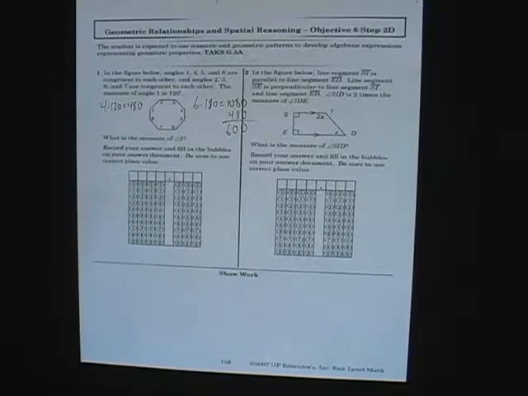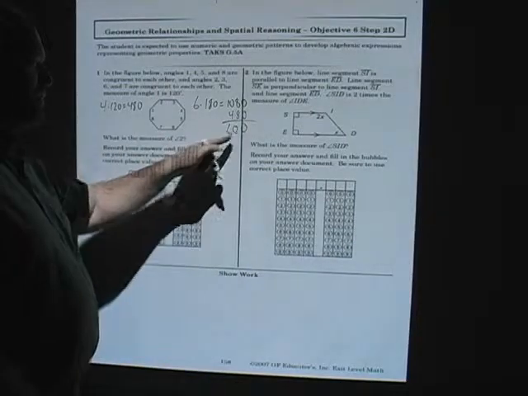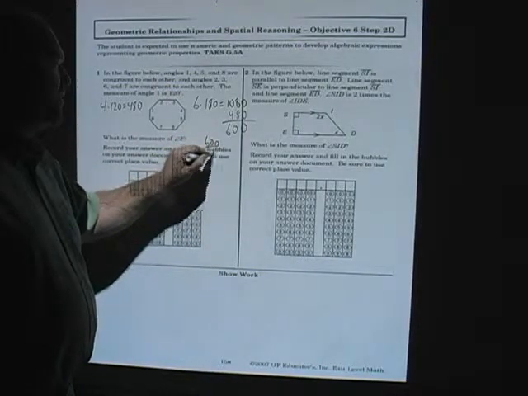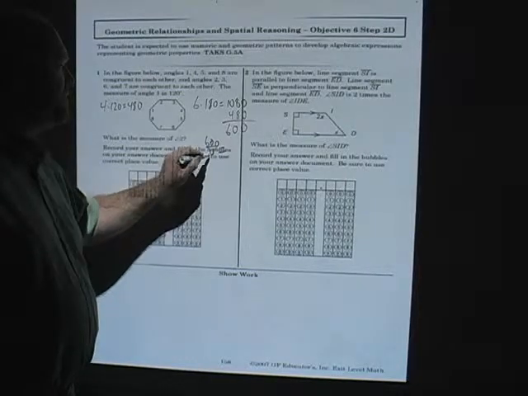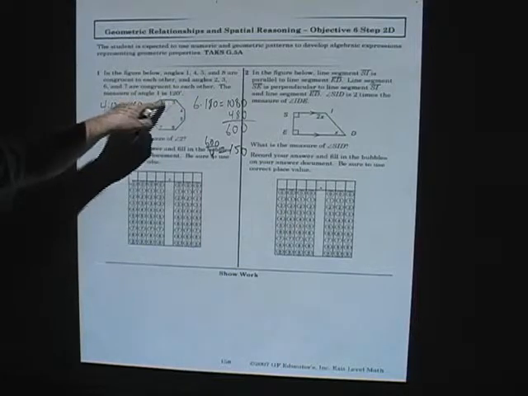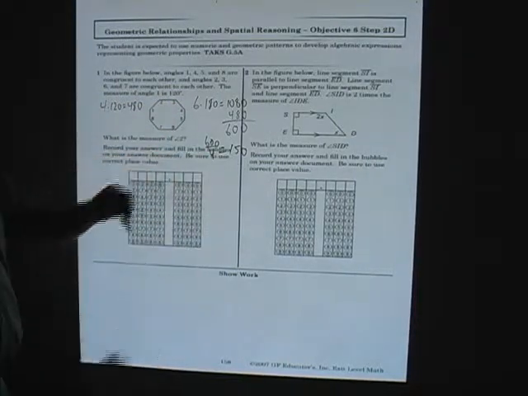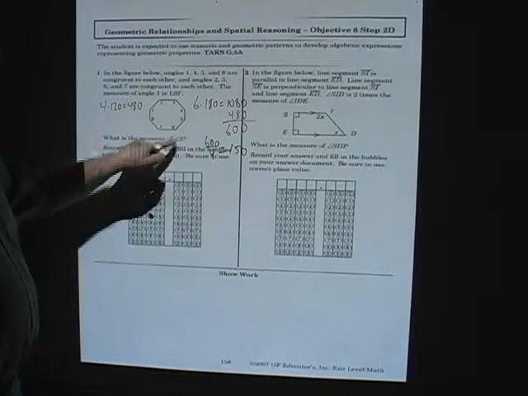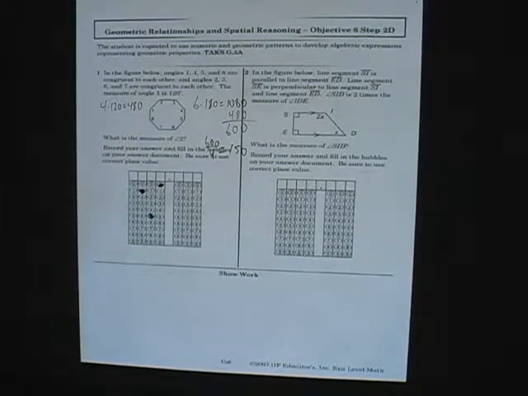And since we know 2, 3, 6, and 7 are congruent, I can just divide by 4. 600 divided by 4 equals 150. Each one of those angles, 2, 3, 6, and 7, is going to be 150 degrees. So angle 2 is 150 degrees.